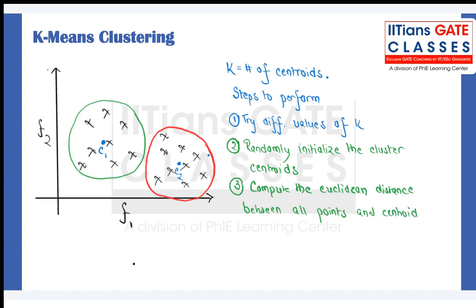So let's run it on this data set. What I mean is, you initialize two centroids. Let's say this is one centroid C1, this is another centroid C2. Then you compute the Euclidean distance between all the points and the centroids. You consider C1, take the Euclidean distance with all the points. Consider C2, take the Euclidean distance with all the points. Whichever point lies nearer to whichever centroid, you label them as a cluster.